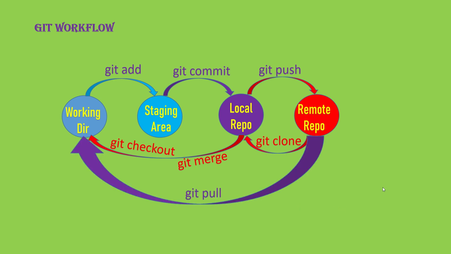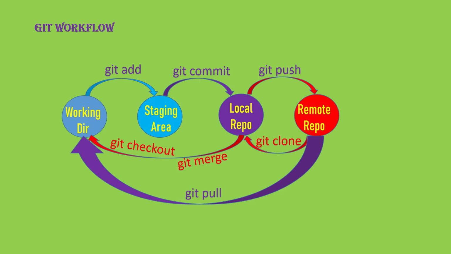Next, we can use git pull. Let's say multiple teams and resources are working on a big project. By the time we commit or complete our changes, the other teams and resources might have added some new code to the remote repository.